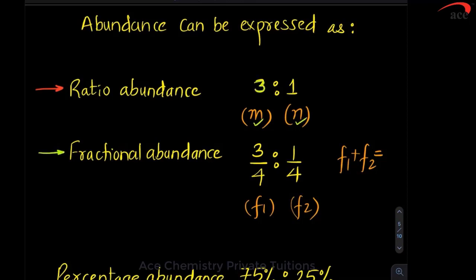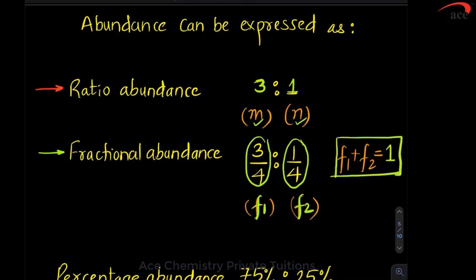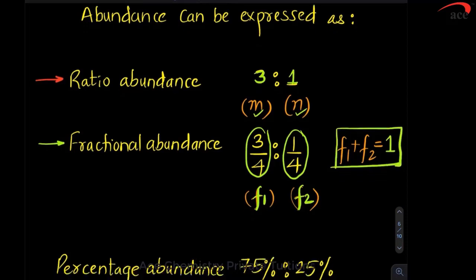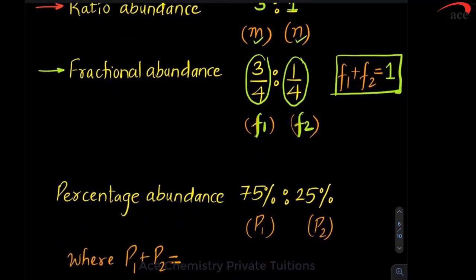If you have fractional abundance, then 3 part out of total 4 parts, so 3/4, and 1 part out of 4 parts, 1/4. So fractional abundance is F1, the other one is F2. And if you note, the addition of F1 and F2 is 1. Fractional abundance, all added together, is 1.